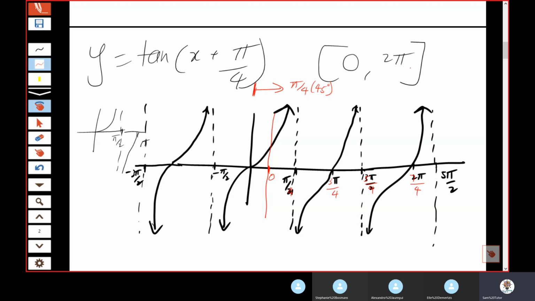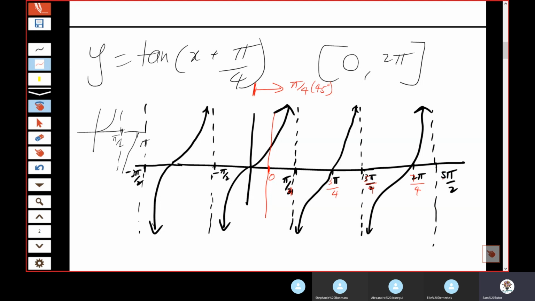So where's 2 pi? Well, 2 pi would be just a little bit more than here. So, well, if you don't know, work out what this was. So what was this? 180, and this was 270, right? No, that was 450. Sorry, 360, 450.